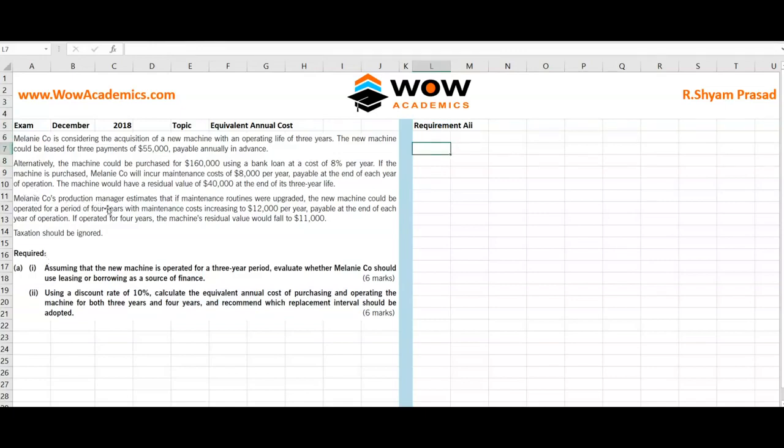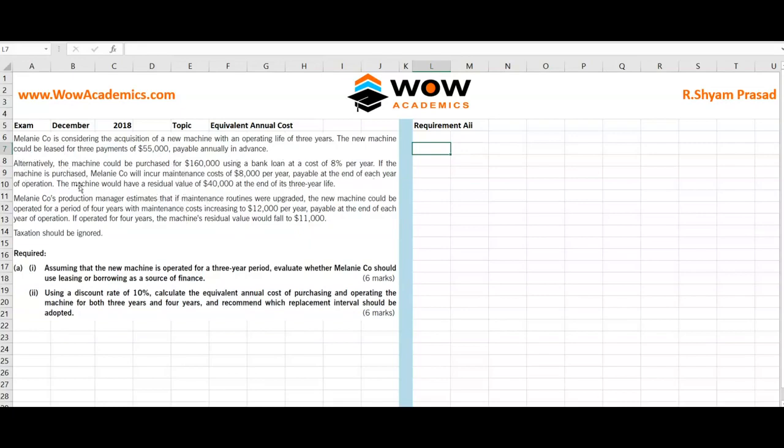Melaninco's production manager estimates that if maintenance cost routines were upgraded, the new machine could be operated for a period of 4 years with maintenance costs increasing to 12,000 per year payable at the end of each year of operation. If operated for 4 years, the machine's residual value would fall to 11,000. So he's asking a 3-year versus a 4-year option.